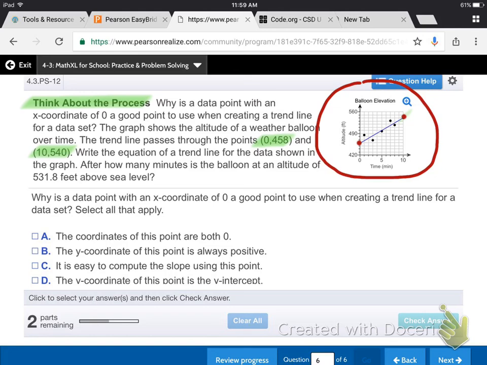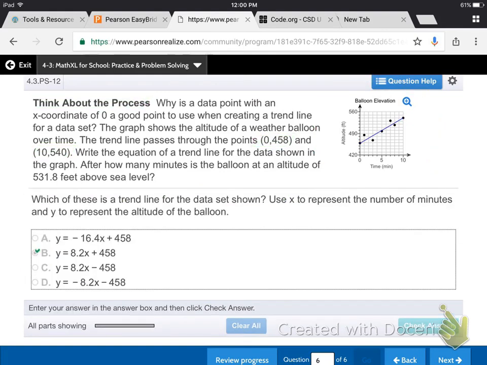Well, first of all, we have the same question down below. Why is a data point with an x-coordinate of 0 a good place to start? Well, it's because it is easy to compute, and the y-coordinate is the y-intercept, just like the same answers as last time. And we're going to notice that our y-intercept is positive, and our trend line is also positive.